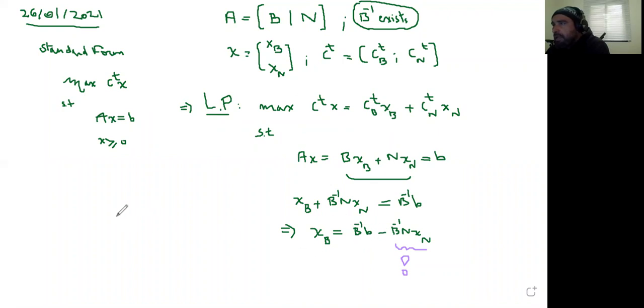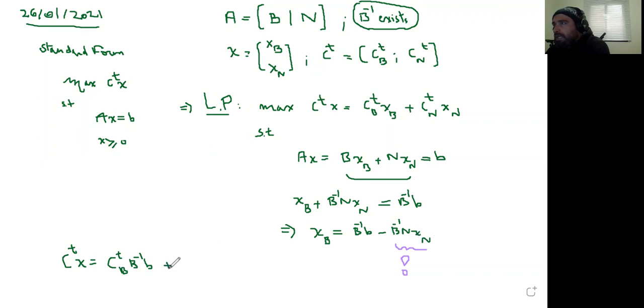In that case, your objective, which is equal to C transpose X, could now be written as CB transpose XB, which becomes CB transpose times B minus 1 b, which is a constant part if you think of it, minus CB transpose B minus 1 N XN.